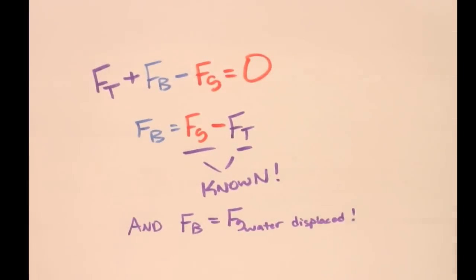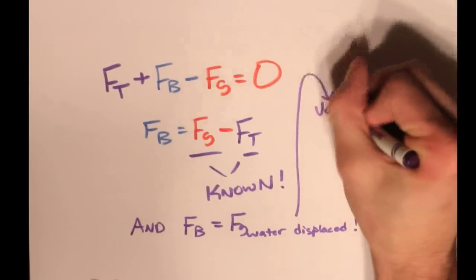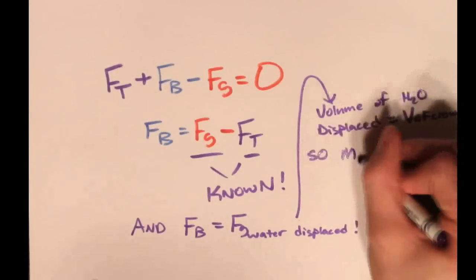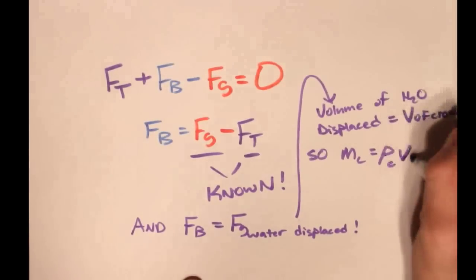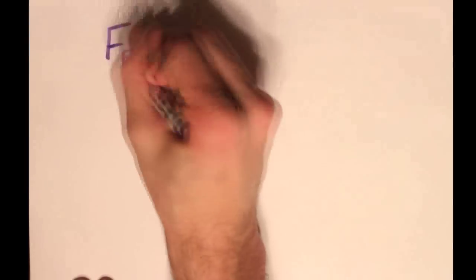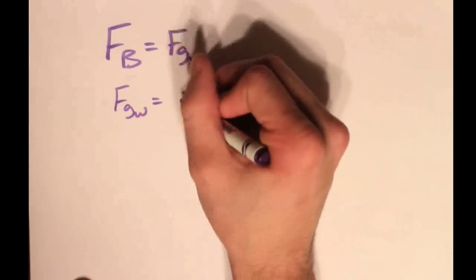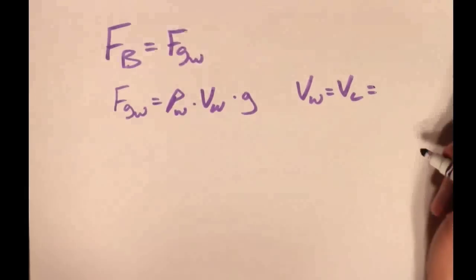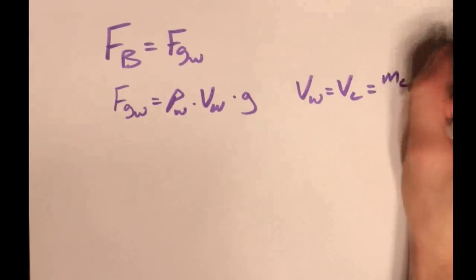We know buoyant force is equal to the weight of the water displaced. Now, the volume of the water displaced is equal to the volume of the crown. So the mass of the crown is equal to density of the crown times the volume of the crown. We solve for the volume of the crown. Plug that back into the equation because we know that the volume of the crown equals the volume of water.